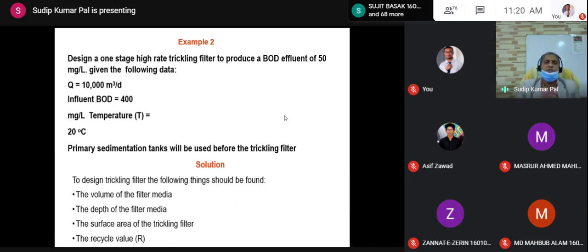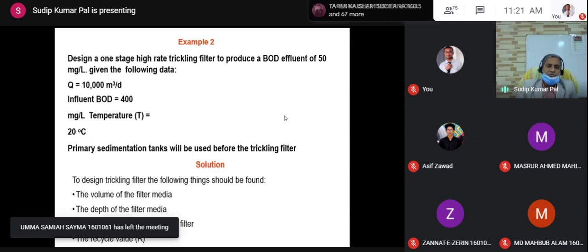So as you can see, this is called design a one-stage high-rate trickling filter. One stage is being told. This means a single stage filter to produce a BOD effluent of 50 milligram per liter. This means the effluent BOD concentration was given. Given the following data, Q, the design discharge, was given, influent BOD, that means what is coming into the system, is given, and temperature is given, 20 degrees Celsius.